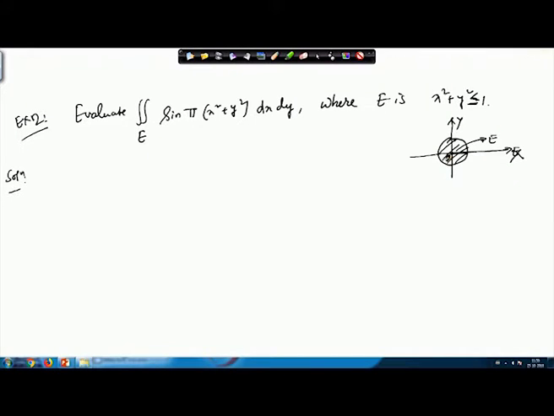That is the origin. Now, we have sin(pi(x square plus y square)) dx dy. If we want to evaluate using our traditional method, finding the limit for x, which is 0 to 1, and the limit for y, which is minus square root of 1 minus x square to square root of 1 minus x square, then it might become a little bit difficult.